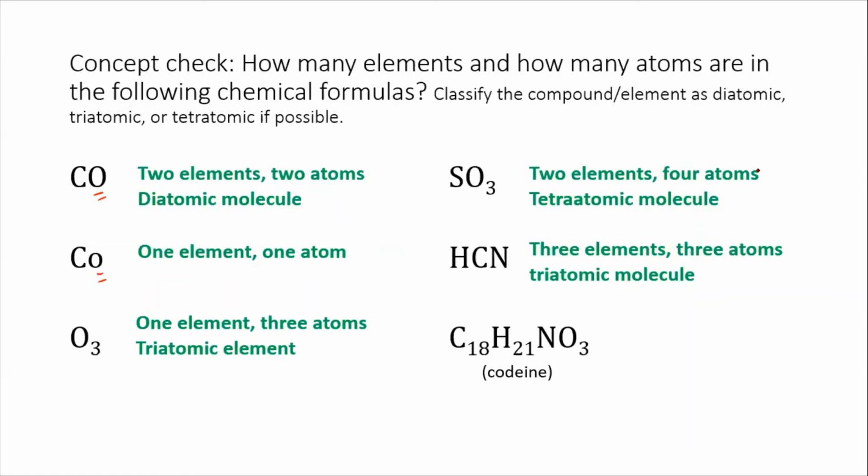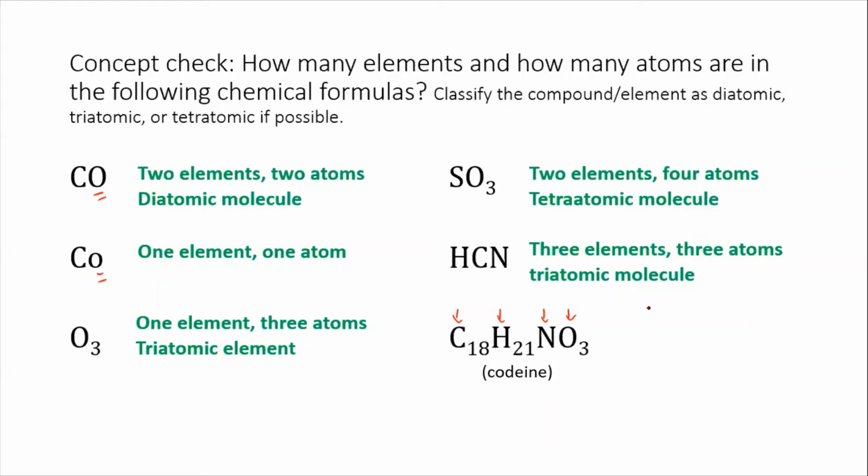The one below is codeine, C18H21NO3. So there's 4 elements in codeine, right? There's carbon, hydrogen, nitrogen, and oxygen. So there's 4 elements.